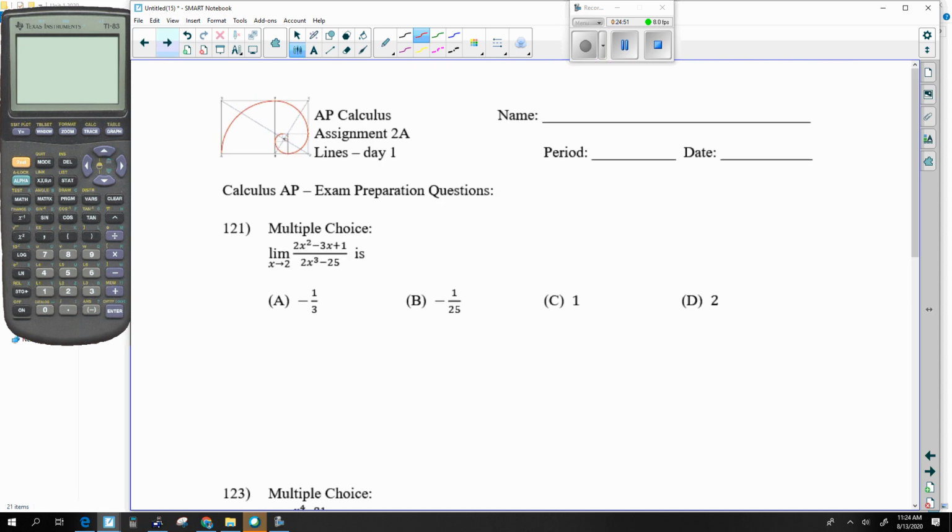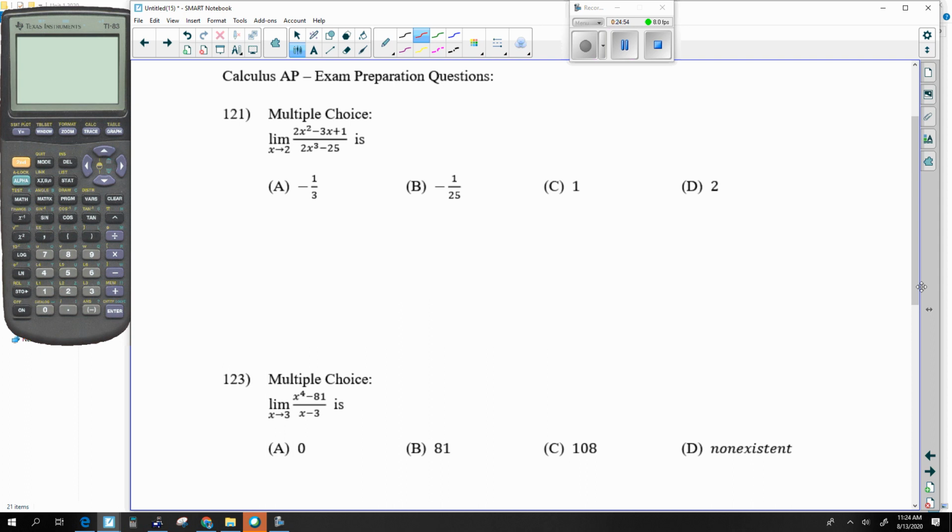All right. We're close to the end. So these are exam preparation questions. This looks like something where I don't have to factor. I can straight up put in a 2. There's no illegal mathematics in here. So the denominator is 2, 8, 16 minus 25, which is negative 9.